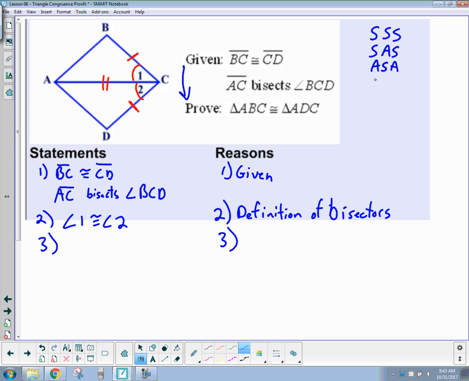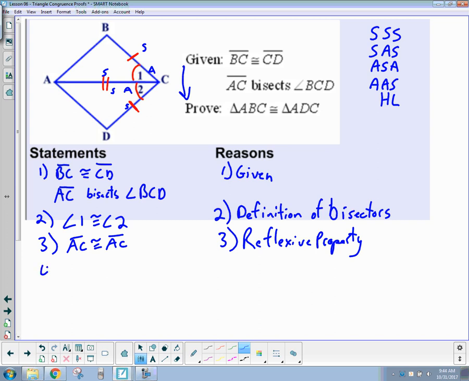And this one's screaming at me: side, angle, side. That is exactly what we need. I'm going to state that AC is congruent to AC because of the reflexive property.